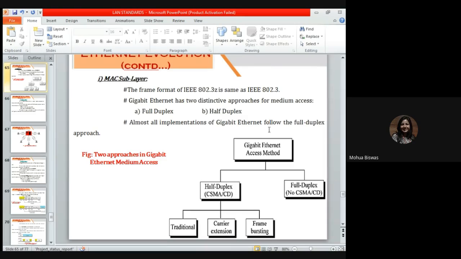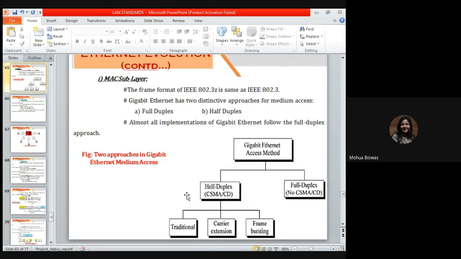So we may summarize what I have covered in Gigabit Ethernet. One is full duplex, where each and every station uses its own channel for transmitting and receiving, and because they have individual channels, the collision problem is removed in the full duplex Gigabit Ethernet approach.